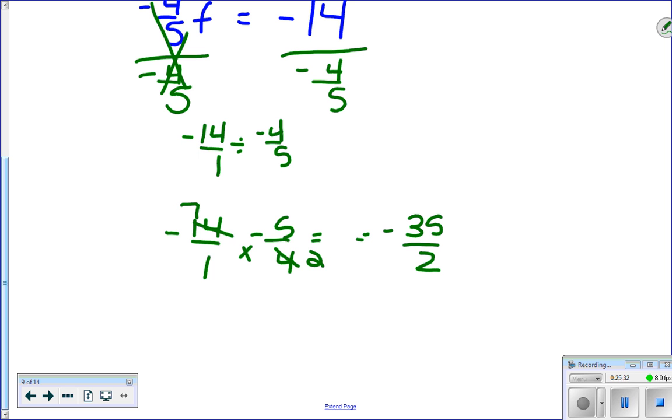Is that what you guys got? Or you could have 17.5. That works too. If you do it in a fraction format, you don't got this goofy decimal you gotta worry about. You didn't have to, but it kind of turns out big.